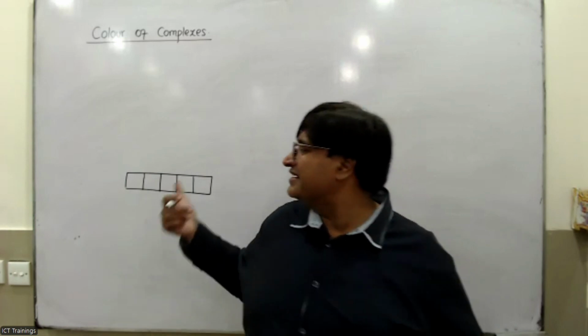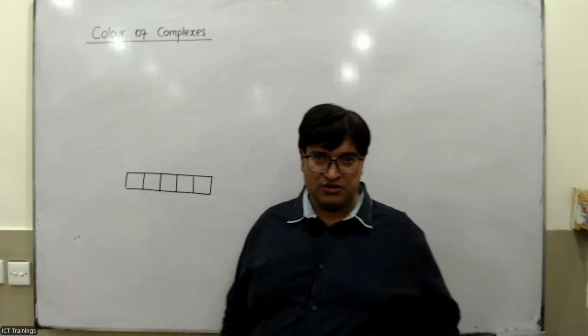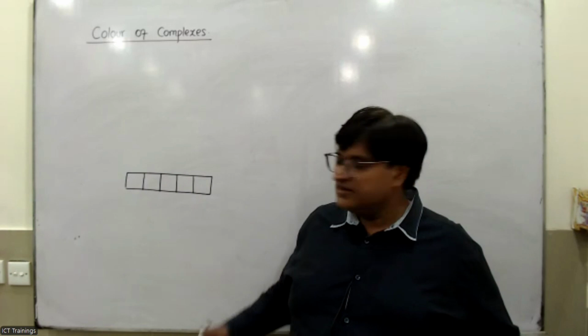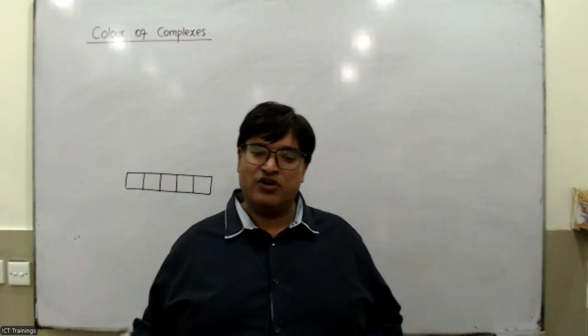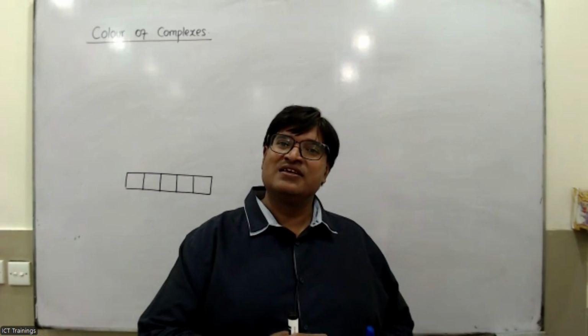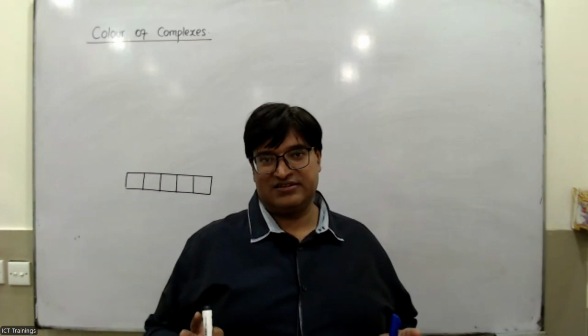But as the ligand approaches it to make the complex, what would happen? The ligand provides its electron either through the axis or in between the axis.